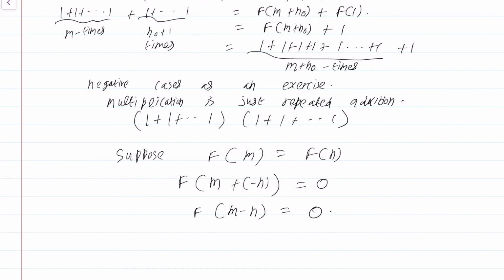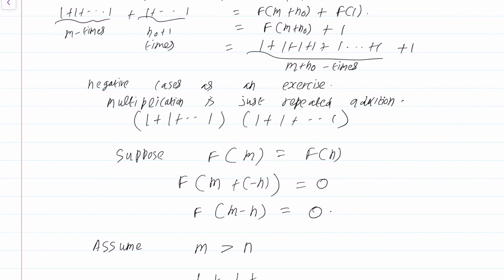Now what we will do is assume m is greater than n. Why can we assume this? Well, if not, just interchange the role of n and m. If m is less than n, then just take n minus m instead.